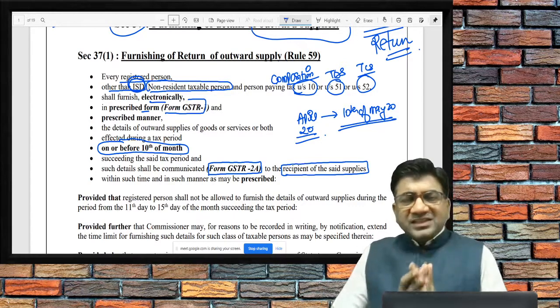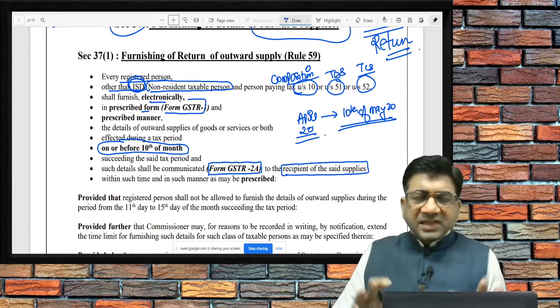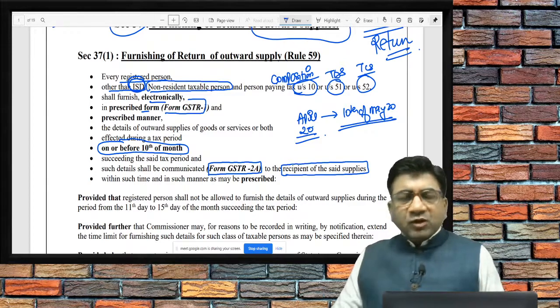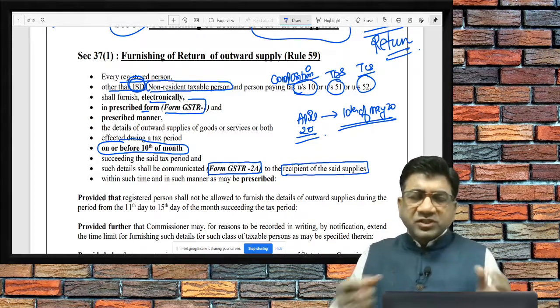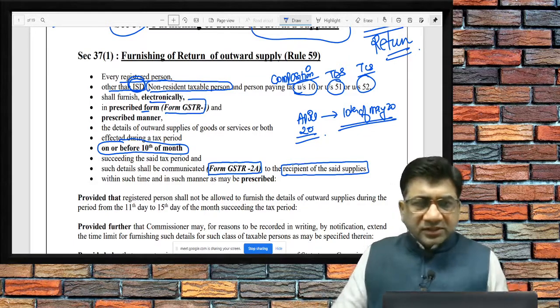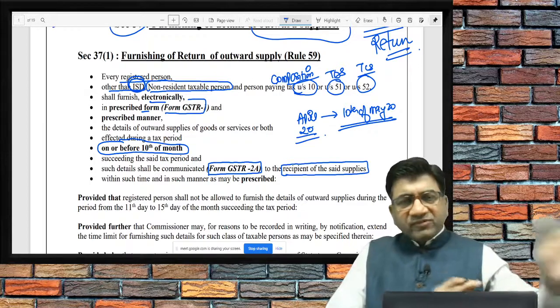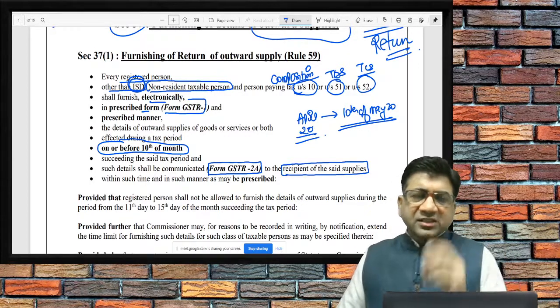Now I will file GSTR1 and show Rajendran as the purchaser. Rajendran also purchased goods from Vanita, Vinod, Rajeshwari and all the other students. All of them will file GSTR1 showing Rajendran as the purchaser.